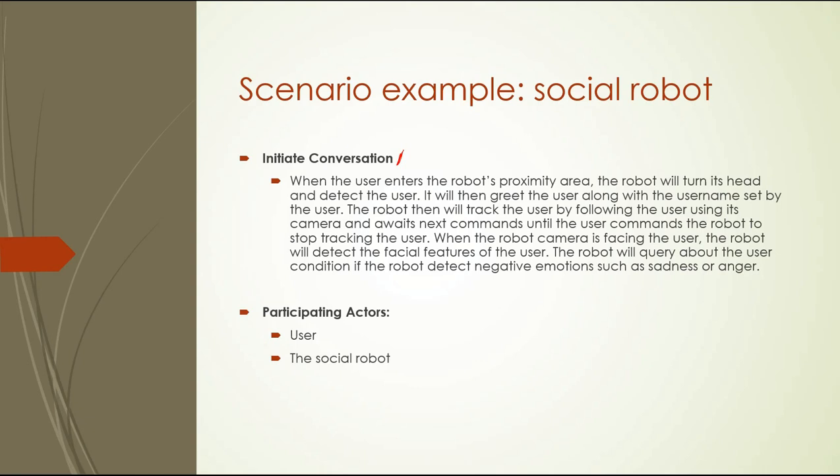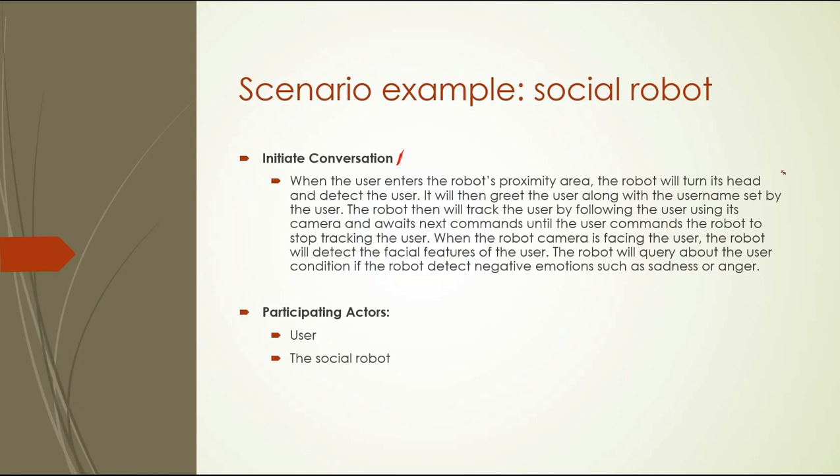And then maybe when the robot turns the face to you, what will happen? The robot starts catching the face. After that, the robot analyzes the face, and then maybe waits for your comment, or maybe asks you if you want something.